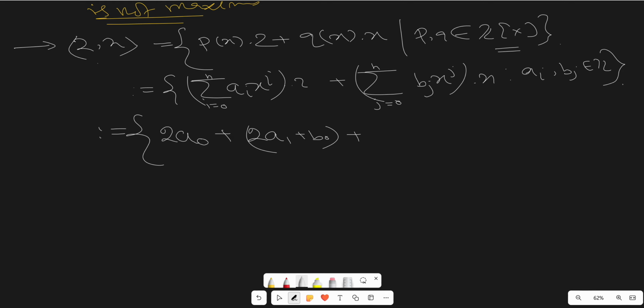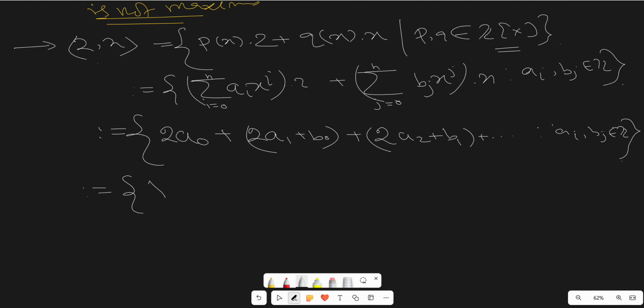You will add 2a2 x square, and so 2a2 plus b1, plus dot dot dot, such that a_i comma b_j are inside Z, right?